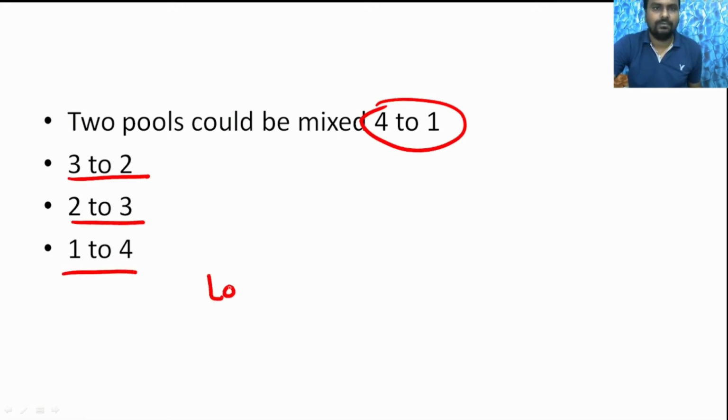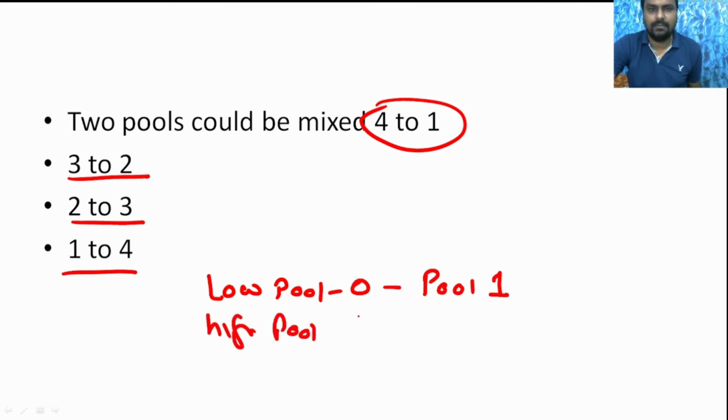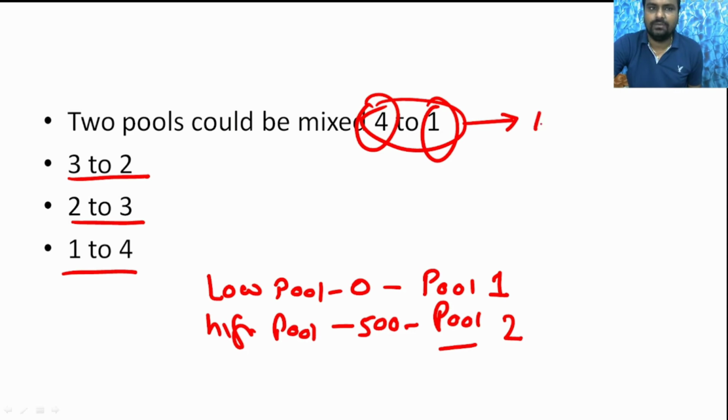Suppose the low pool value here is 0, label it as pool 1, and the high pool value here is 500, label it as pool 2. So you can take 4 parts of pool 1 and 1 part of pool 2, and the value will be around 100, right?